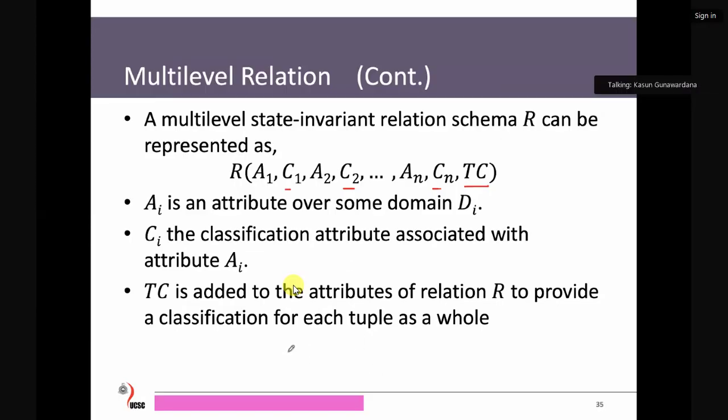So let's say in a standard relational model, our relation is like this.